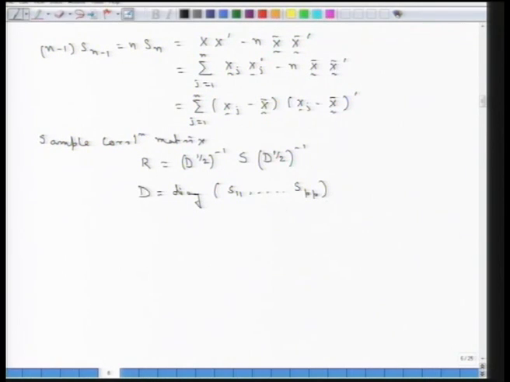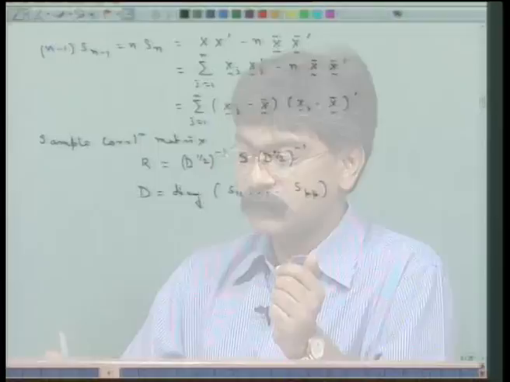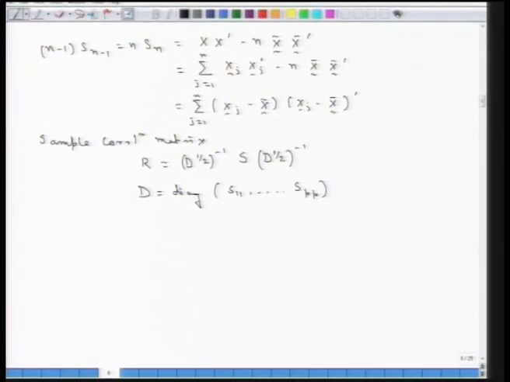So through this diagonal matrix, if we look at pre and post multiplication using d half inverse, what we will be getting is the sample correlation matrix, where the ijth element will actually be the sample correlation for the xi and xj components, right.